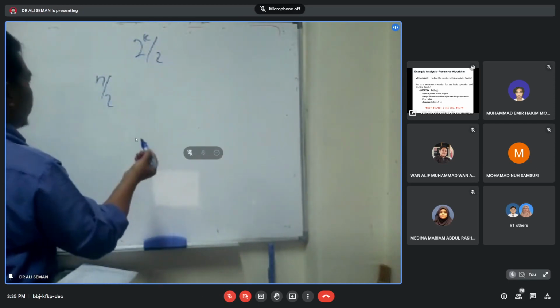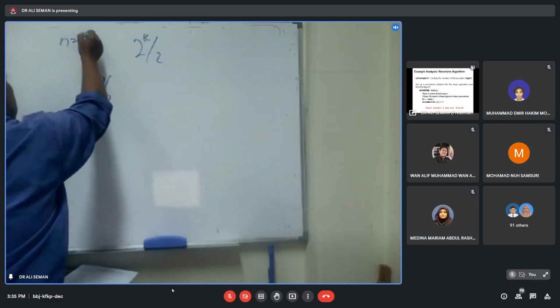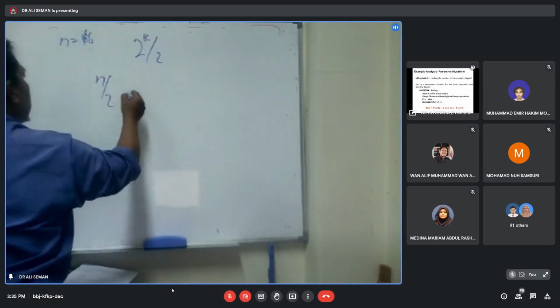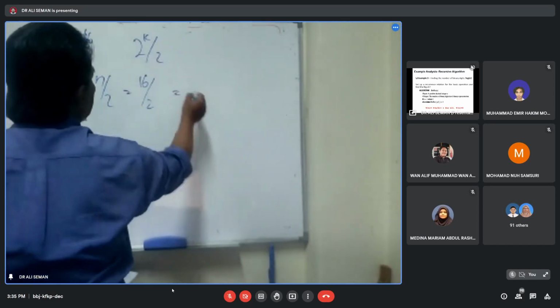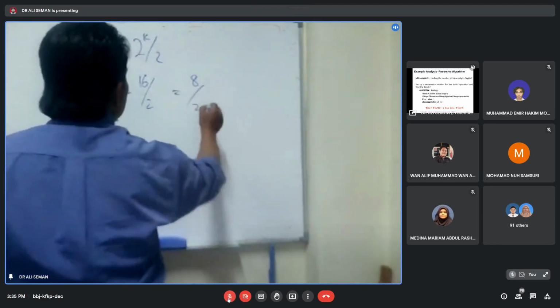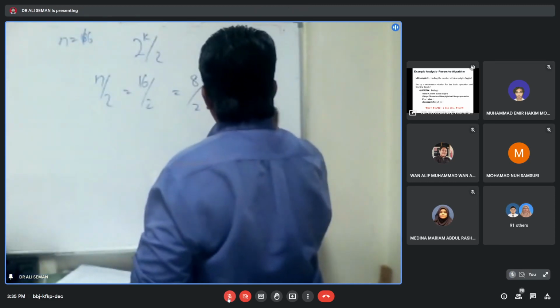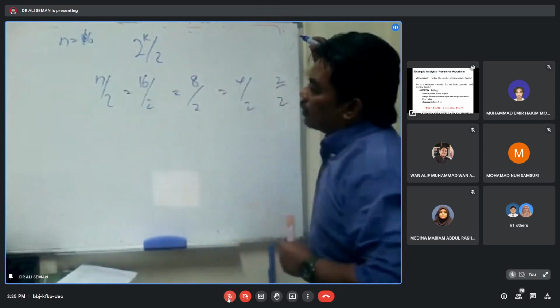So for simplicity, we can put n equal to 8 for example, or 16. So 16 divided by 2 equals 8, and 8 divided by 2 is 4. 4 divided by 2 is 2. 2 divided by 2 is 1. This is the pattern.